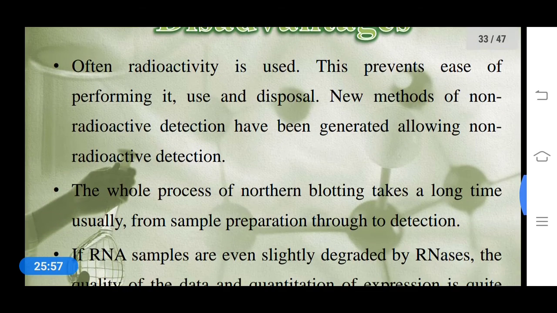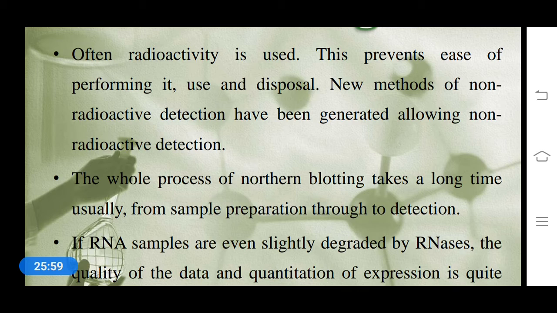If you see the disadvantages, radioactivity is often used. This prevents ease of performing, use, and disposal.